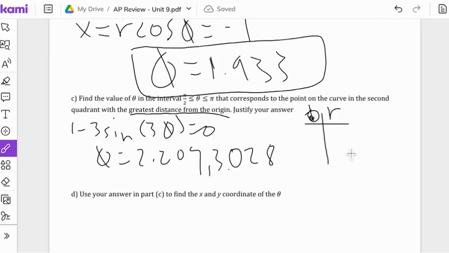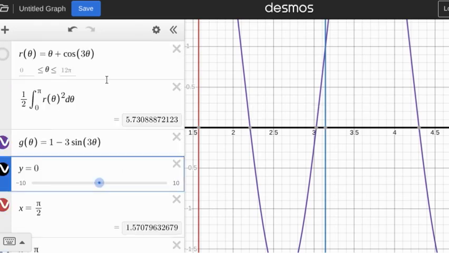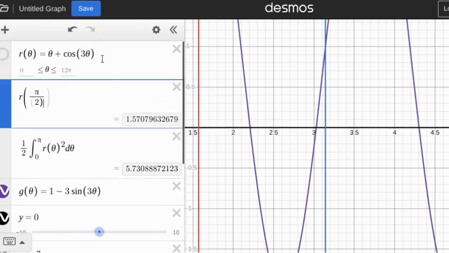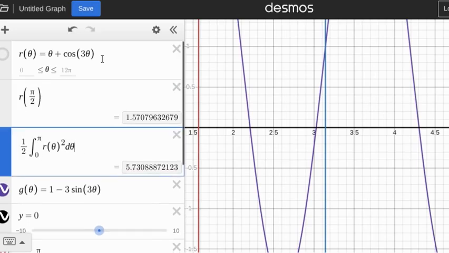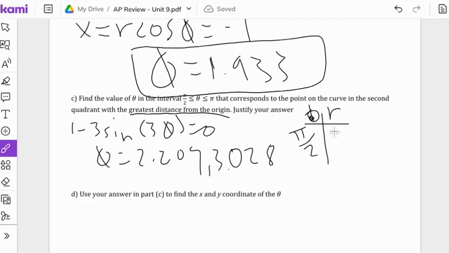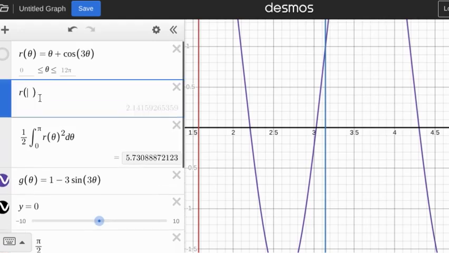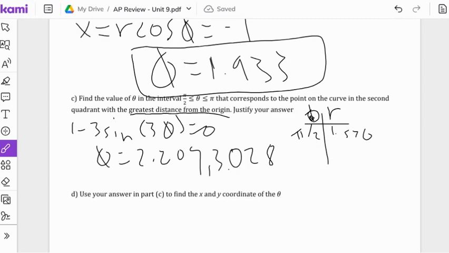So our first value is pi over 2, and R of pi over 2 is 1.570. Then our next value is 2.207, so that's 3.15.